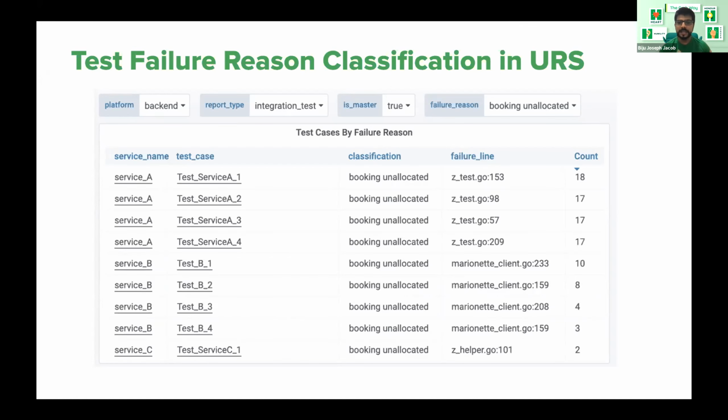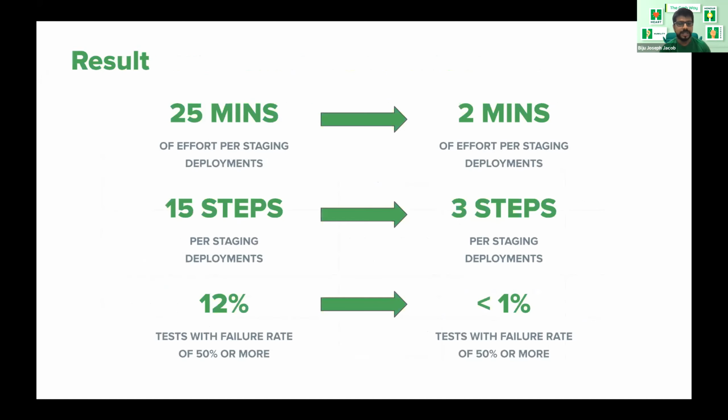So again, these are problems that we've solved specifically at Grab, and these solutions have really helped make lives much easier. What has all this resulted in? In the past it took 25 minutes to deploy something to staging. With the Conveyor pipeline, it now goes down to 2 minutes, and that's a little bit overstated, I think. 15 steps down to 3 steps.